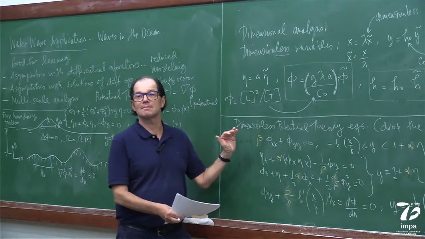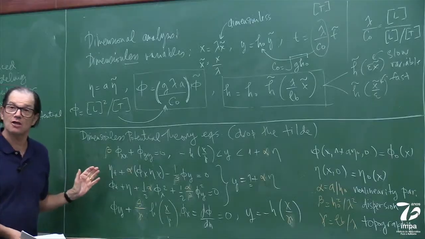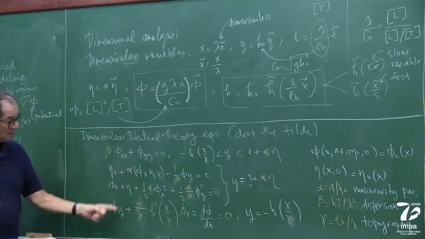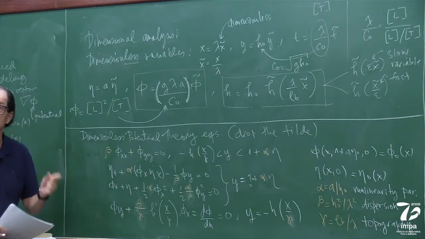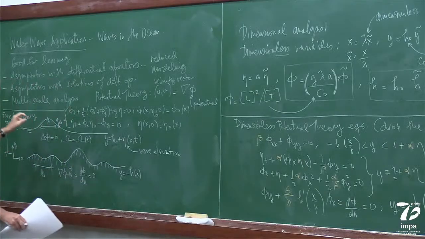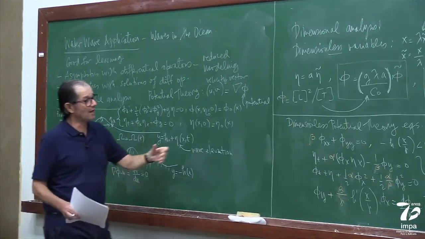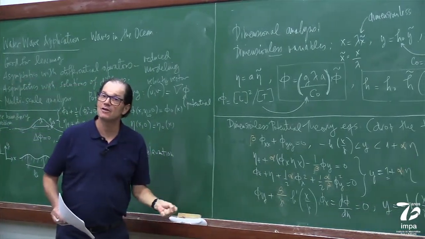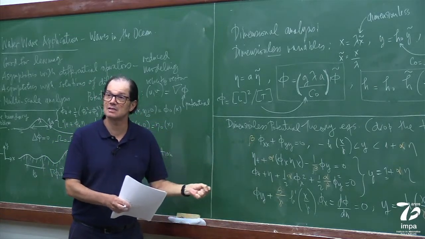So you will see that depending on the ansatz I put in these equations here, that's why I sometimes jokingly call this the mother equations or the parent equation for other famous equations. Because from this set of equations here, I can extract asymptotically the KdV, the famous KdV. I can extract the famous Boussinesq system.